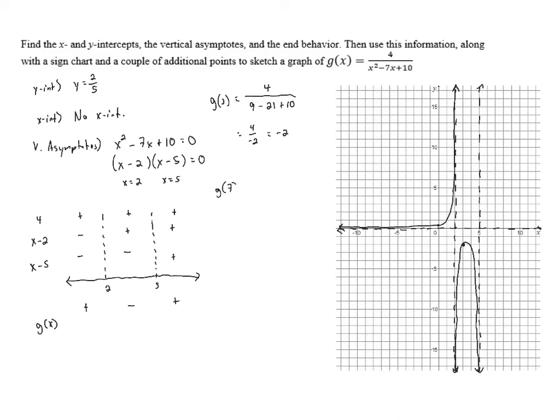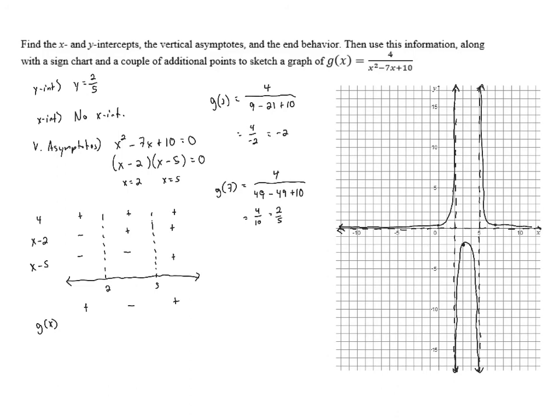So if we try 7, we're going to have 4 over 7 squared is 49, minus 7 times 7 is 49, plus 10. So we end up with 4/10, or 2/5. So we're going to end up being around right here, (7, 2/5). And so we know that we're going to be pretty close to that corner.